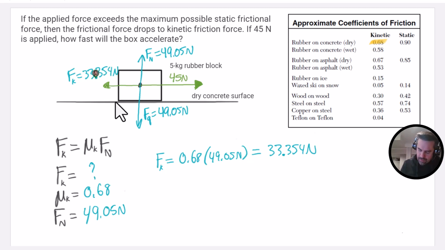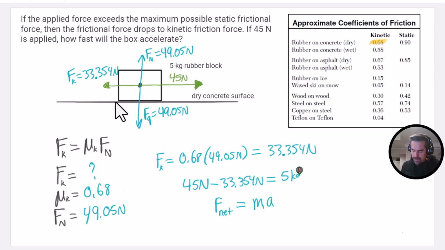Okay, so this question asks, how fast will this accelerate based on these forces? We need to add up the forces on this object. So we have 45 newtons from the applied force minus 33.354 newtons. We're using Newton's second law, which means the forces added up, F net, will equal the mass of the object times a.